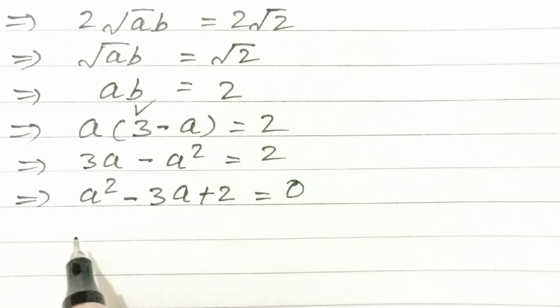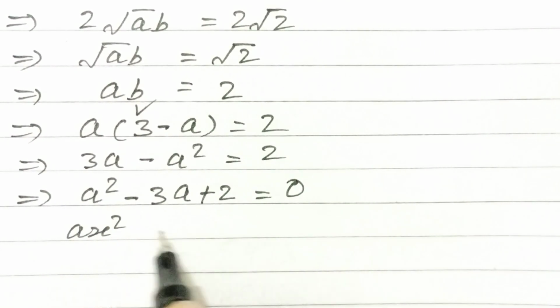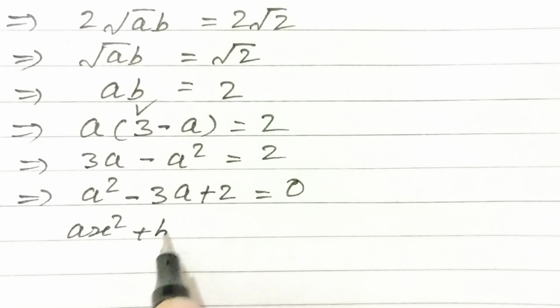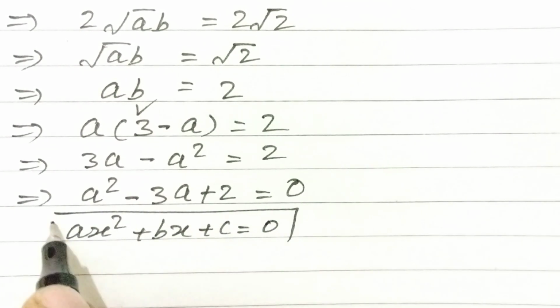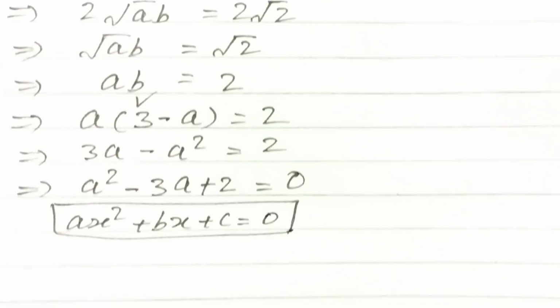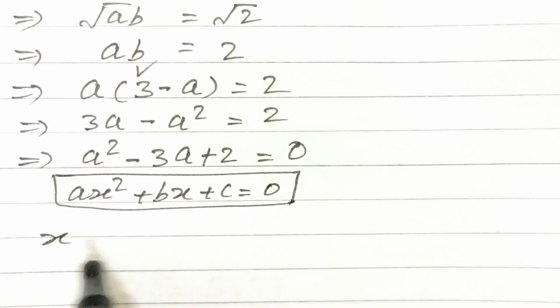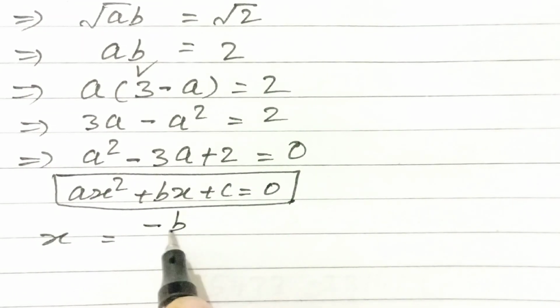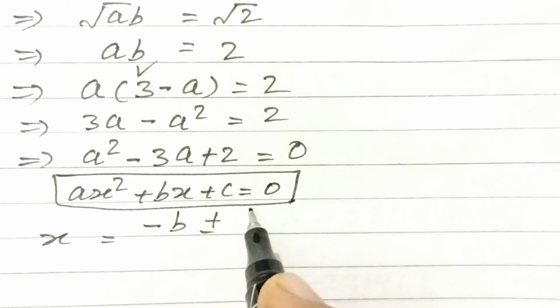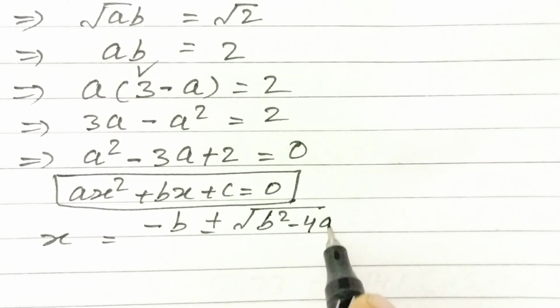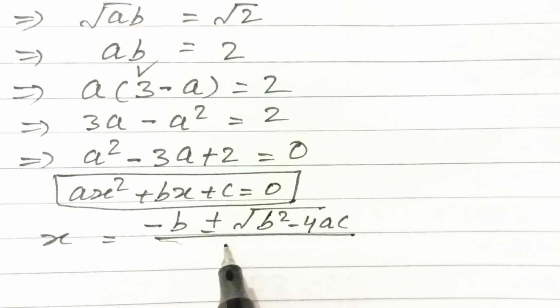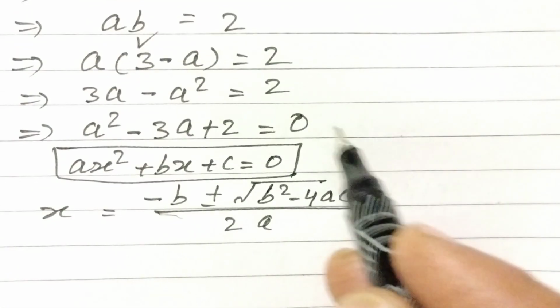If we equate this equation with the standard quadratic equation, ax square plus bx plus c is equal to 0, right? So x is equal to minus b plus minus square root of b square minus 4ac over 2a. Fine.